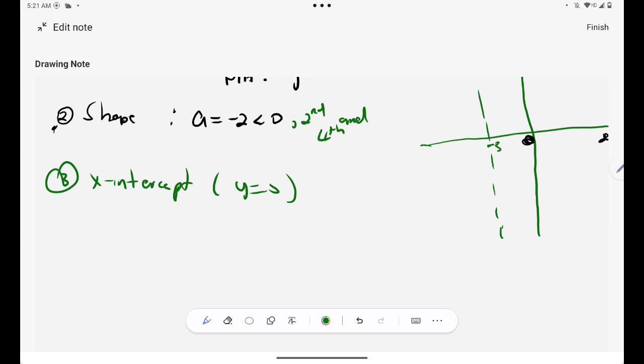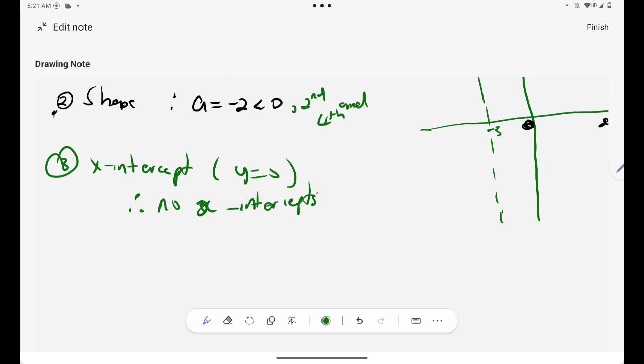Our graph does not pass the line where y is 0, so therefore there are no x-intercepts. Are we together?